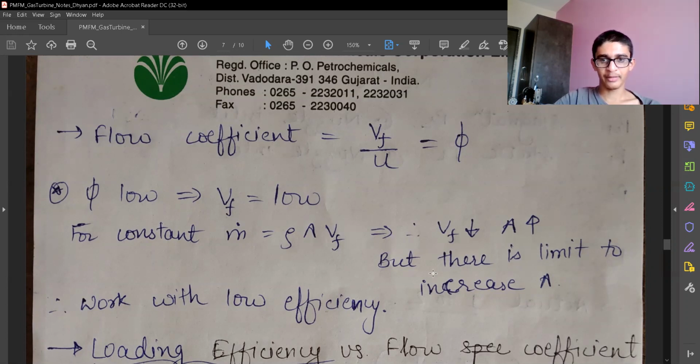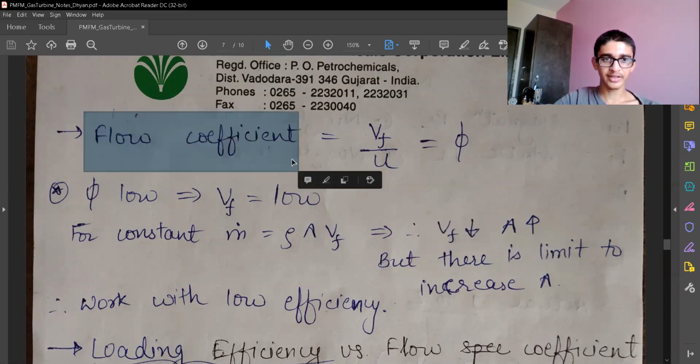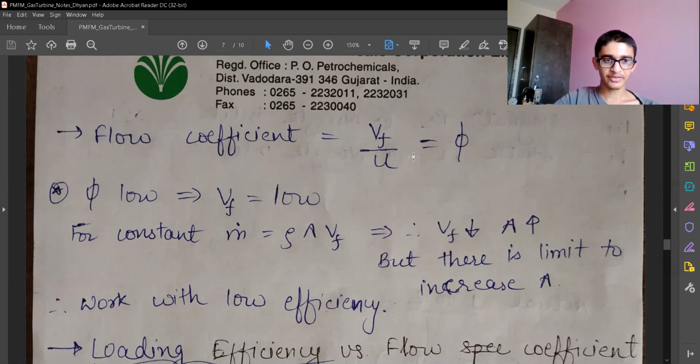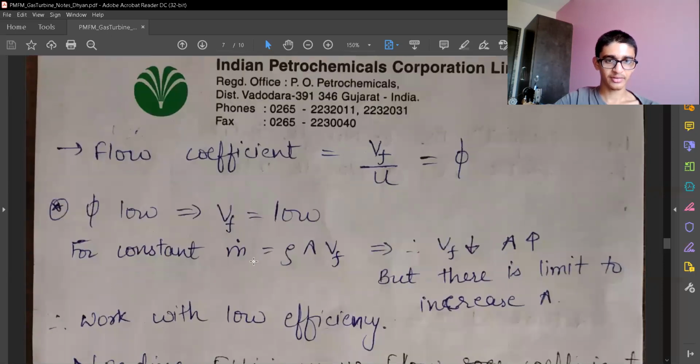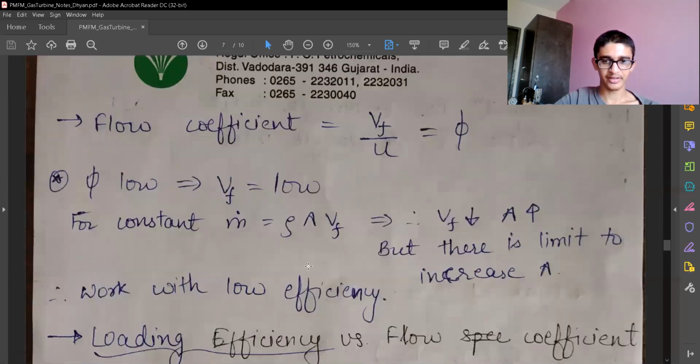But in practical life, we have a limit to increase the area. Since there is a limit, we cannot reduce the flow coefficient, and that means the Vf is going to be low. Vf is low means the flow velocity is low, and flow velocity low means the efficiency is low. So that's what I have written here.